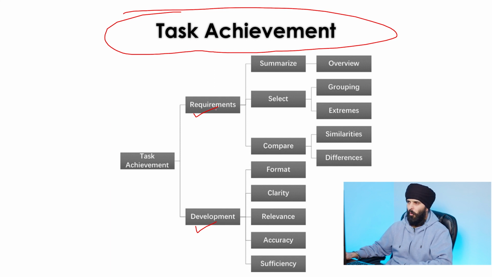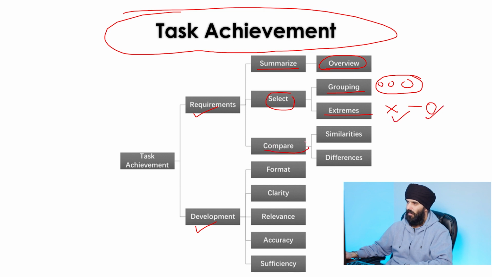So when we talk about requirements, there are 3 things that you need to do. You need to summarize the data, which you do by writing an overview. Then in the data, you have to select, you have to do something called grouping, and you have to talk about the extremes. For grouping, that is basically finding different data and then grouping it all together. And for extremes, if you find something that's completely different, talk about that.